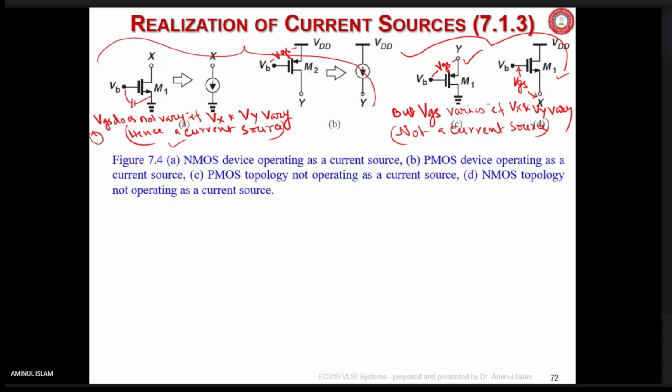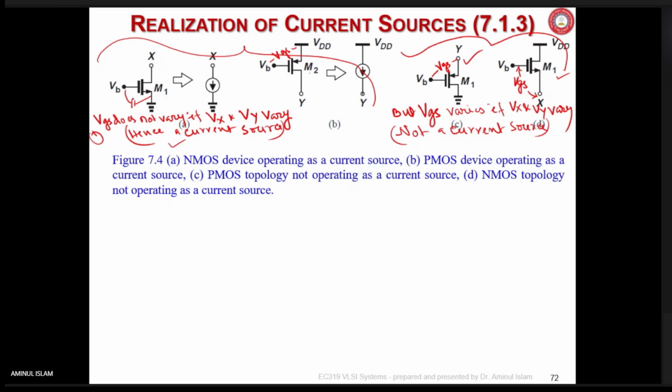Answer is no, because the reason is written here. Why it is a current source, why it is not a current source. VGS does not vary if Vx and Vy vary in these two cases.